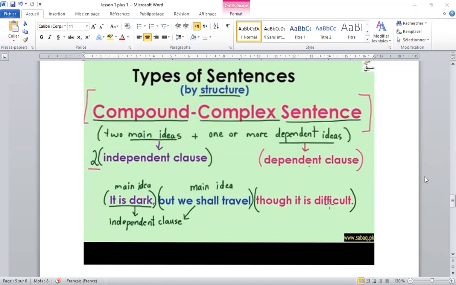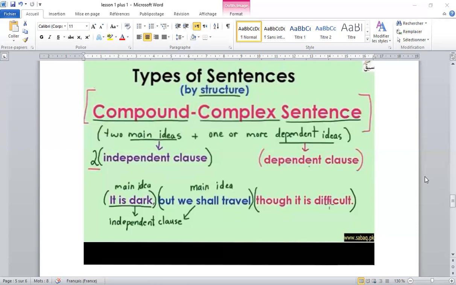If I tell you, okay, Abdullah, though it is difficult, does this clause give any meaning to you? Have you understood, grasped the meaning? No. Though it is difficult, there is something missing here. We need information to explain it.